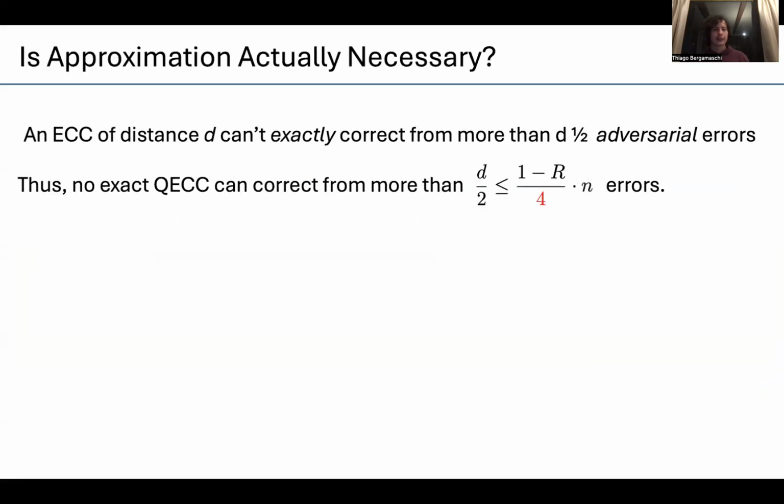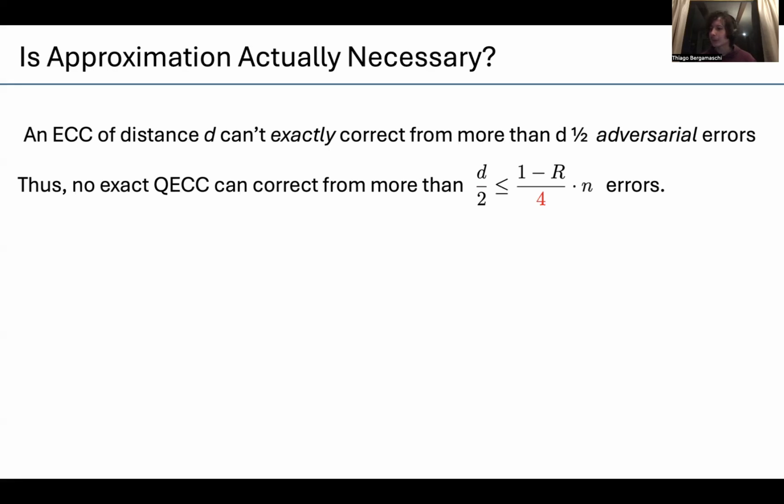Great. So if you're a classical coding theorist in the crowd or tuning in, you may be asking whether approximation is actually necessary. And to explain this, we need two further ideas in coding theory. The first of which says that any error correcting code, whether classical or quantum, of certain distance d, can't possibly exactly correct from more than d over 2 adversarial errors.